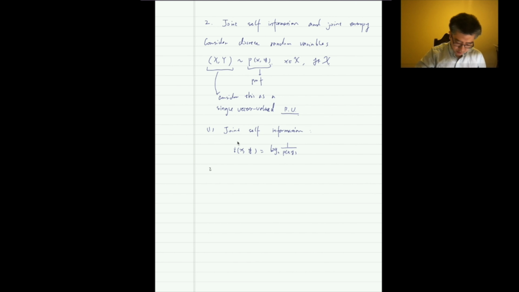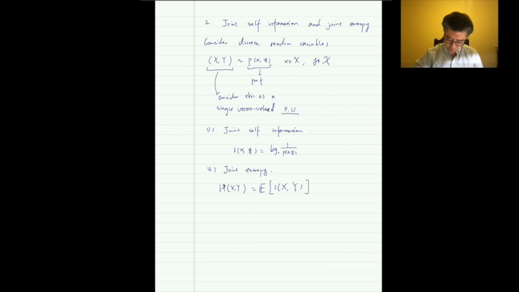Therefore, correspondingly, we can define the joint entropy. The joint entropy of these two random variables, we denote as H(X, Y). Similar as before, that should be nothing but the expectation of I(X, Y), because those are the random variables.